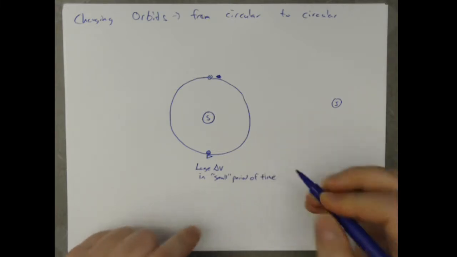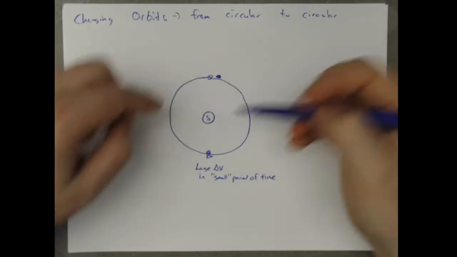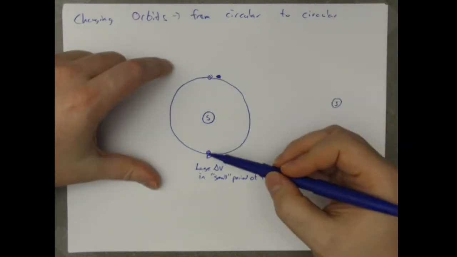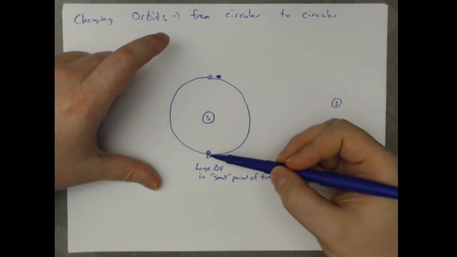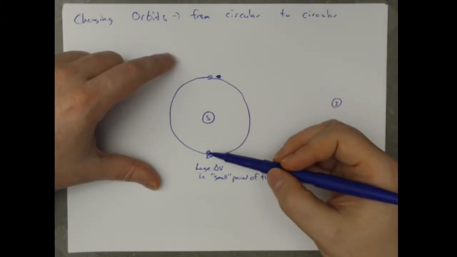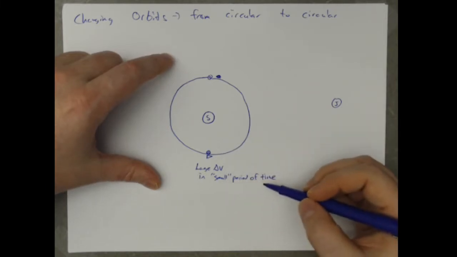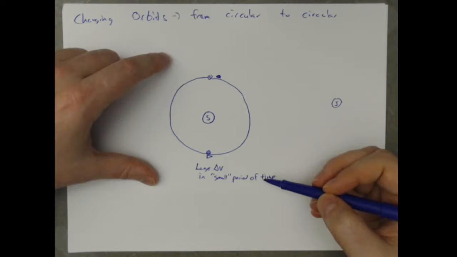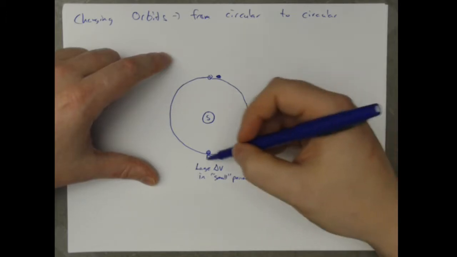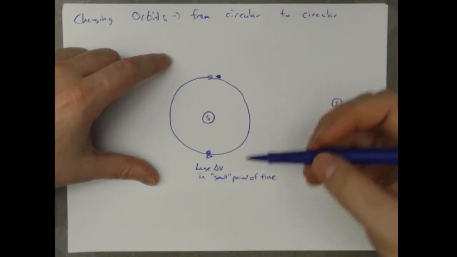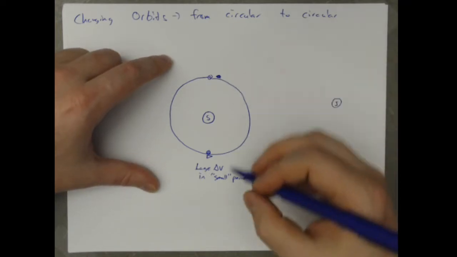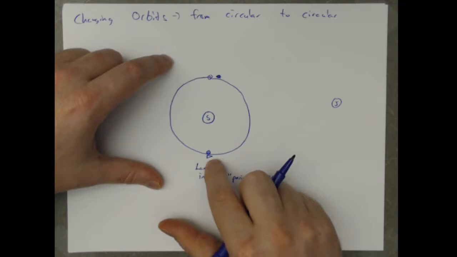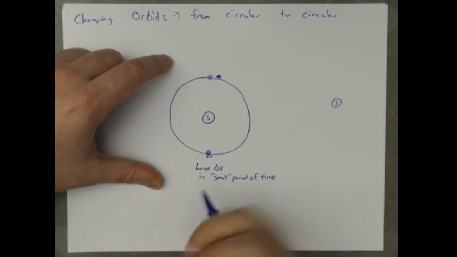I say small because the time scale for orbits is years. The time to go from here all the way around to here is 1 year, so a burn over a day would still be about 1 over 360 of the total orbit. So we fire our rocket boosters heavily and then shut them off.